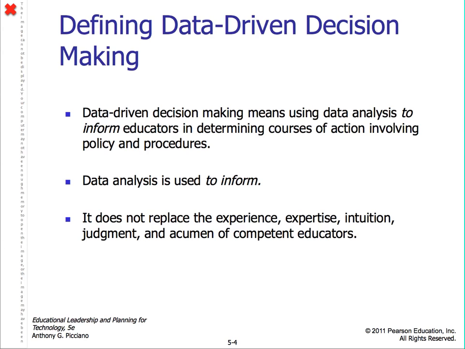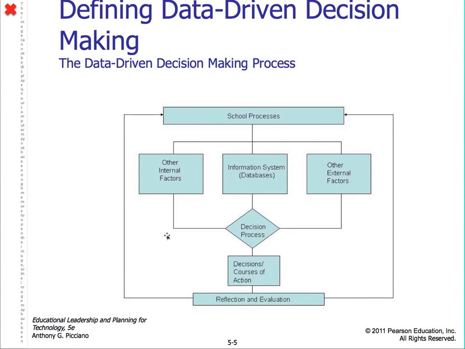This is a model that they use, and it starts at the top with the school process, and it has the other internal factors, information systems, and external factors. Internal factors can be faculty, staff, students, and so forth.